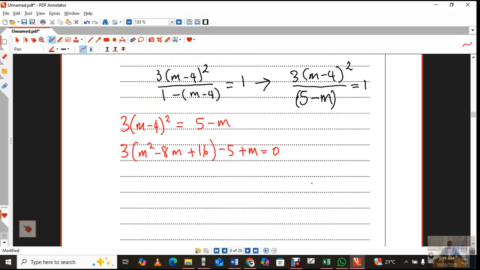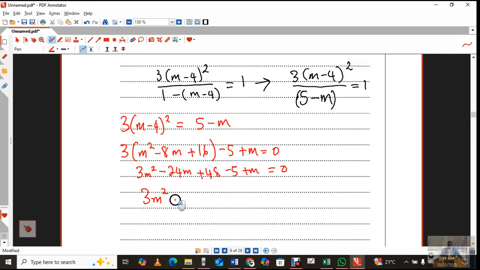Distributing that 3, this is going to be 3m squared, 3 times 8 is minus 24m, 3 times 16, that's plus 48, minus 5 plus m is equal to 0. This becomes 3m squared. You have got minus 24 minus 5, no, minus 24 plus 1.